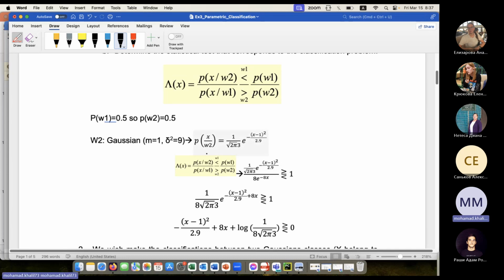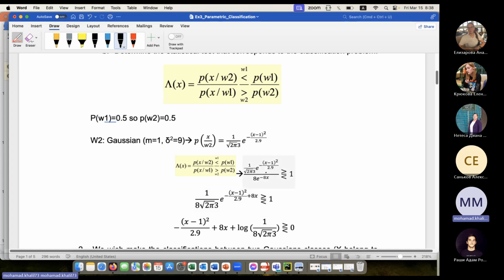And the second one, P of x given omega 1, is 8 exponential minus 8x. If we apply this formula, this over this, if greater than 1, class 2, less than 1, class 1.